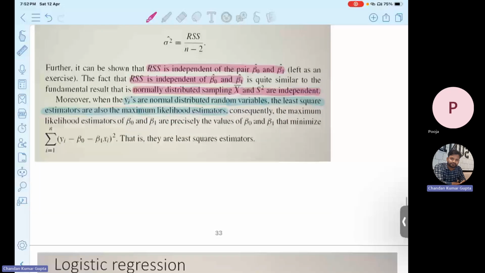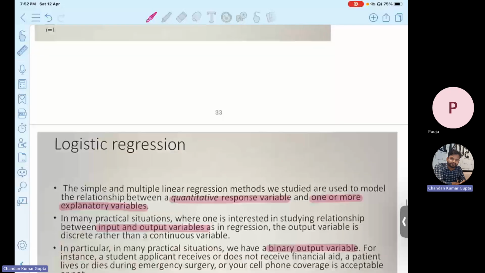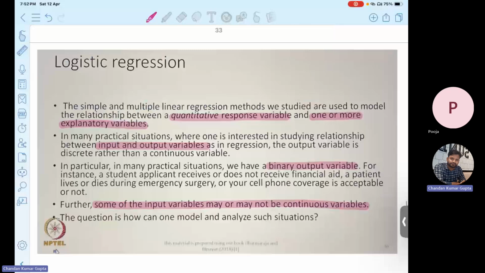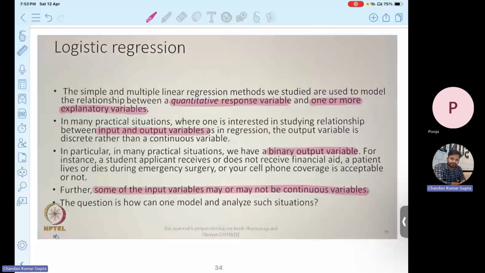Now the next is logistic regression. Okay, the last topic is logistic regression. Since we have discussed simple and multiple linear regression models, we have a quantitative response variable and one or more explanatory variables.